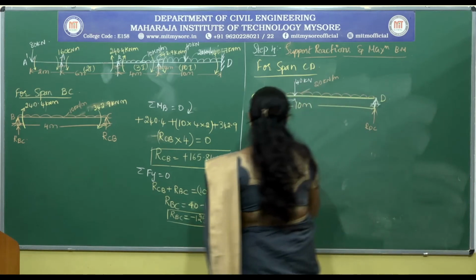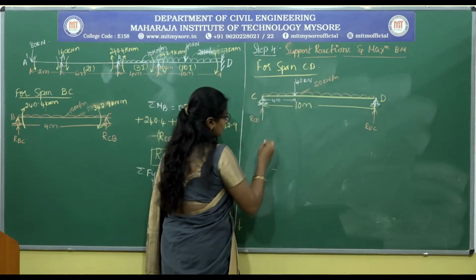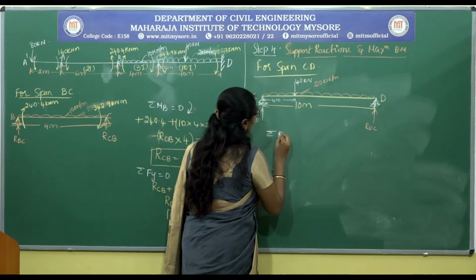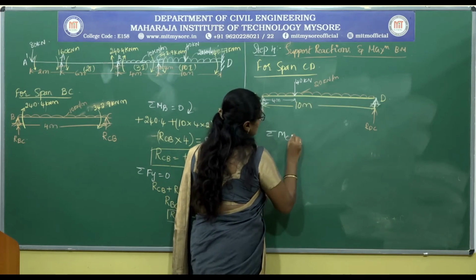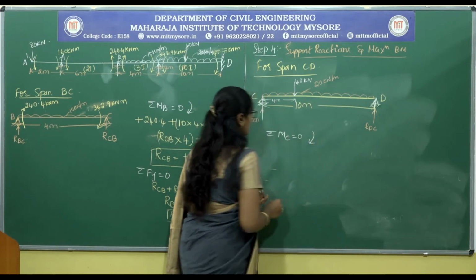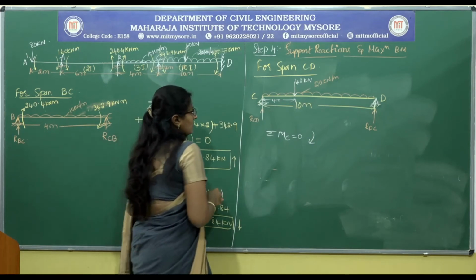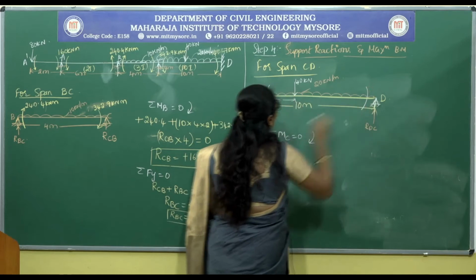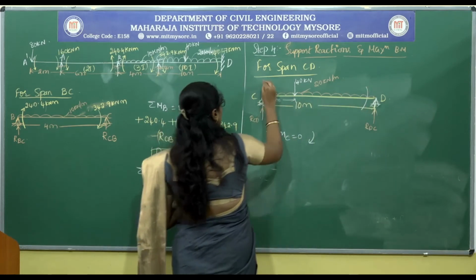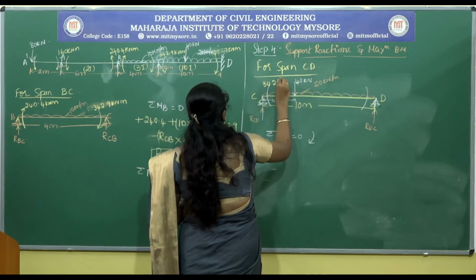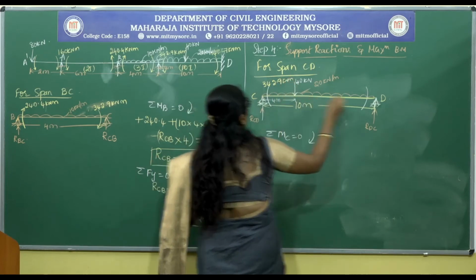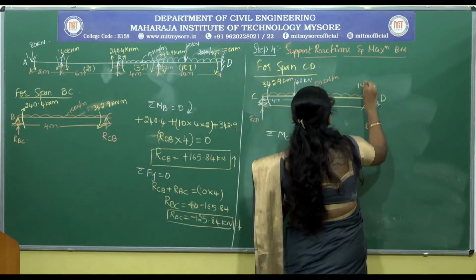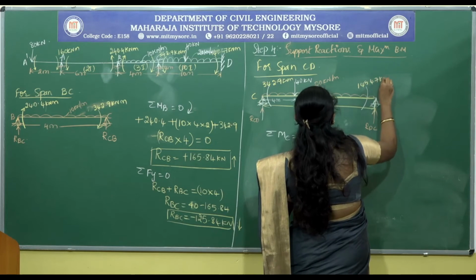So for this, I will write it here. Sum of all the moments at C equal to 0, considering clockwise as positive. So we need to even consider the moments. The moments are 342.9 kilonewton meter and 145.47 kilonewton meter.